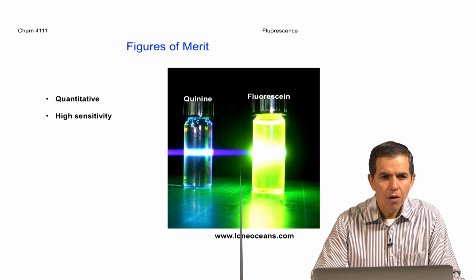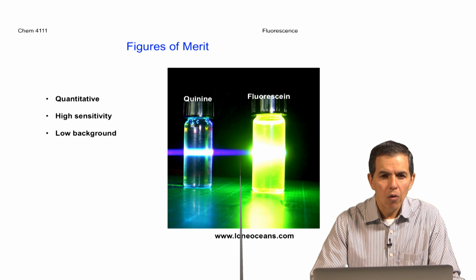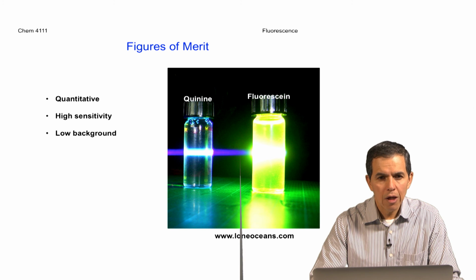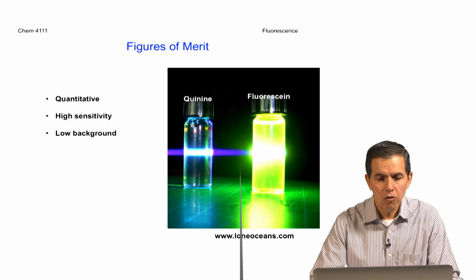The technique also has low background because, if we recall from a previous slide, the orientation that we have for excitation and emission of a sample is at 90 degrees. In addition to that, we have the monochromators that allow us to selectively monitor or select the wavelengths of excitation and emission.